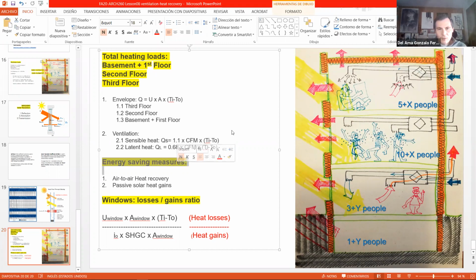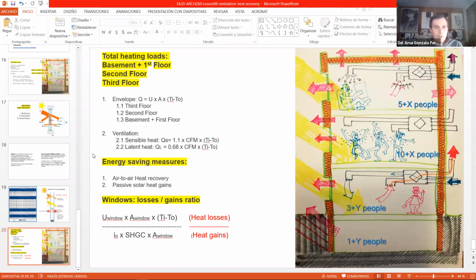Okay, so if we don't do anything, we are calculating thermal loads, envelope and ventilation. That's it. Now we are designing efficient buildings, zero energy buildings, passive house buildings. So we are being more aggressive in our design when it comes to energy savings.